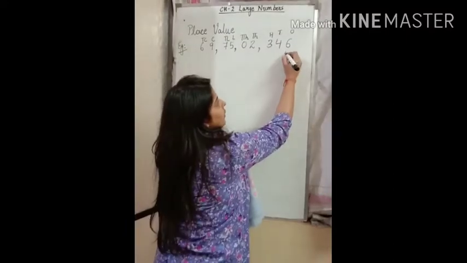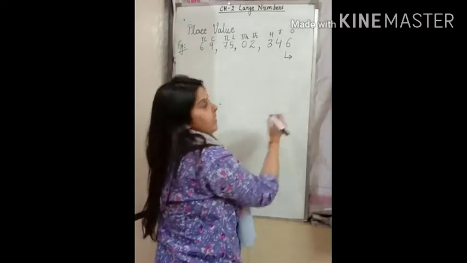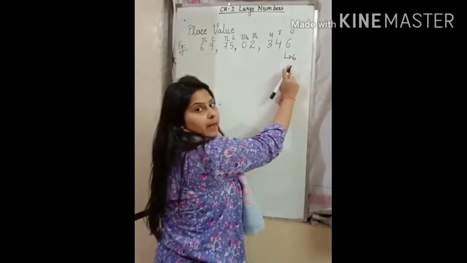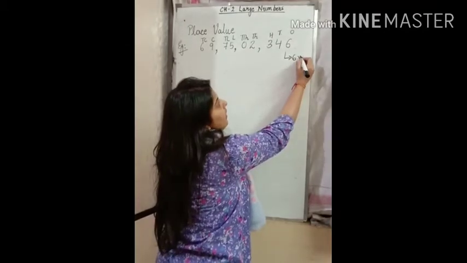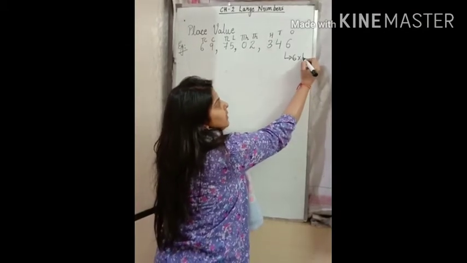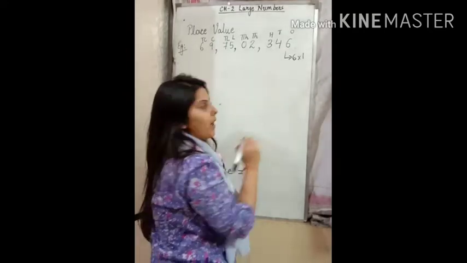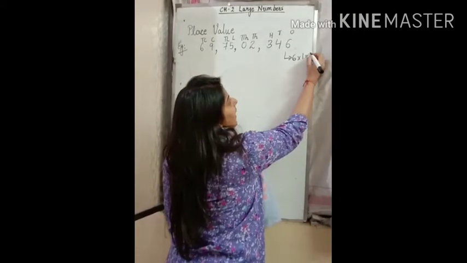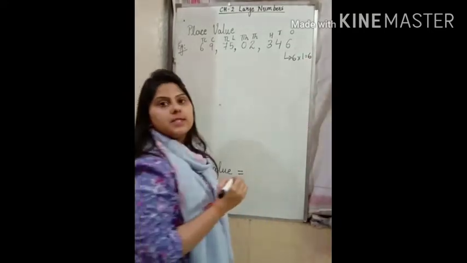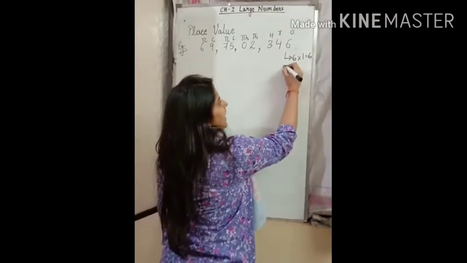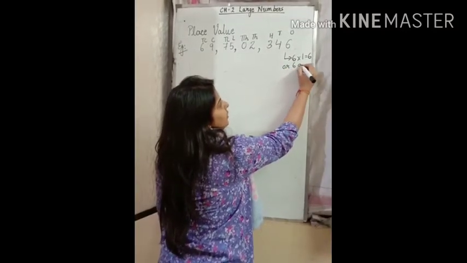So the place value of this digit will be 6, that is the digit's value and its place. It is at the ones place, so multiply by 1. So the place value of 6 becomes 6, or we can write it as 6 ones.